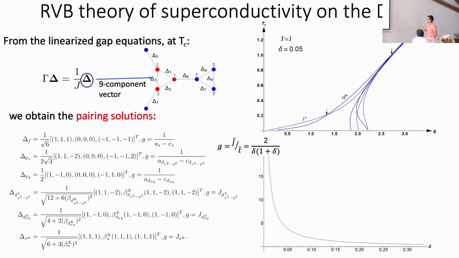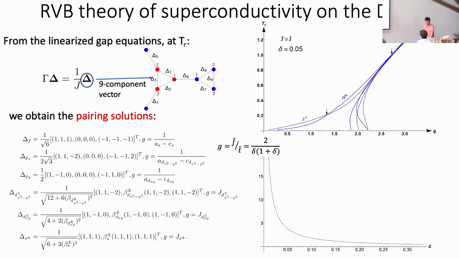Well, this we could understand within our theory, the different pairing states that we are finding, by looking at the gap equation and at the different eigenstates of the system. And because the coupling in this RVB theory has the projection, you are projecting out the doubly occupied sites, so the effective coupling really increases with lowering doping, and we can go through all these different solutions.